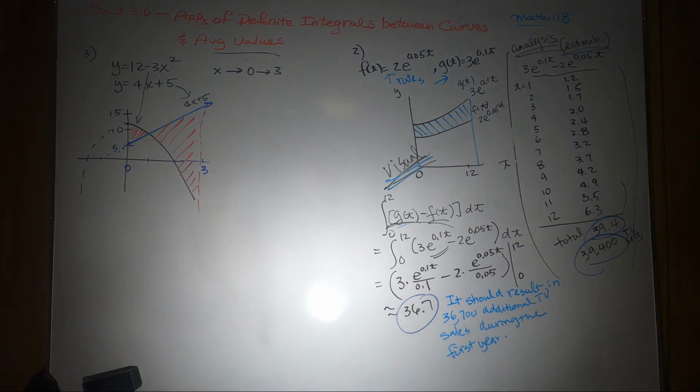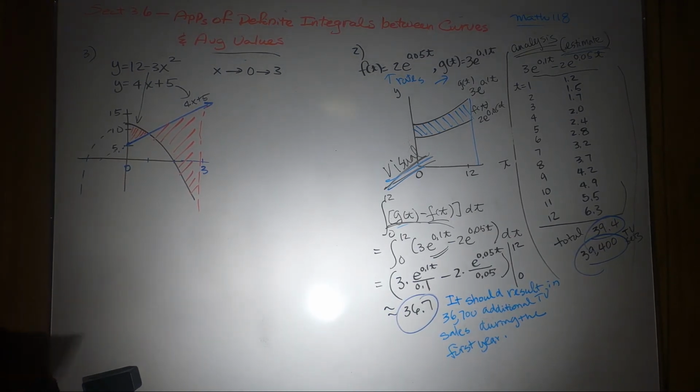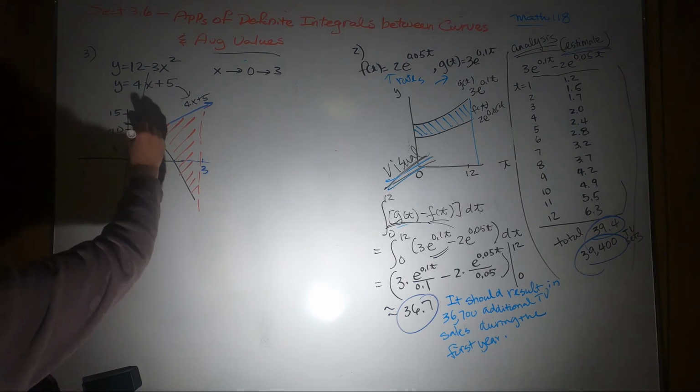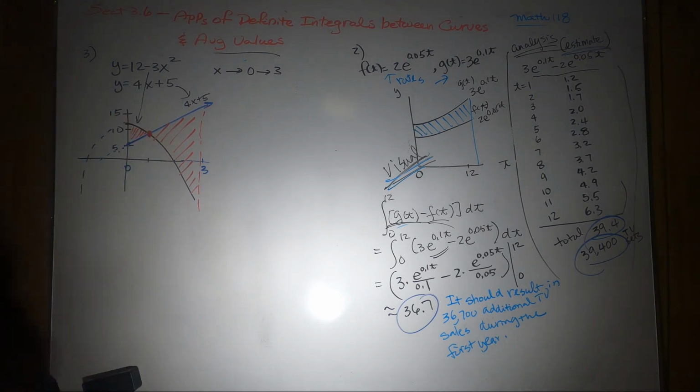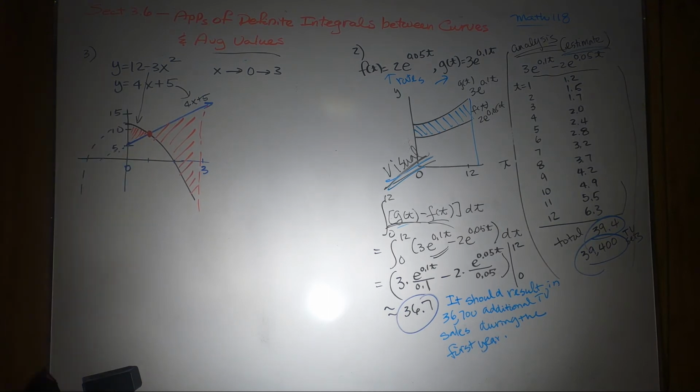Area is not negative. So for these two areas, we have to do it separately by the breaking point, right? Where is the breaking point? Where they meet. Okay? So you have to find the meeting place here.